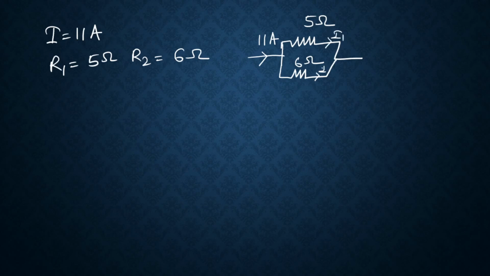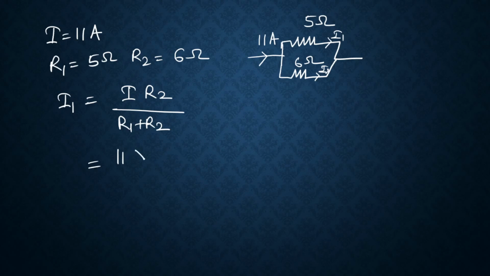For I1 the formula is I into R2, that is the opposite resistance, divided by R1 plus R2. The total current is 11, which is multiplied by the resistance 6, divided by the total resistance 5 plus 6, that is 11 into 6 divided by 11.